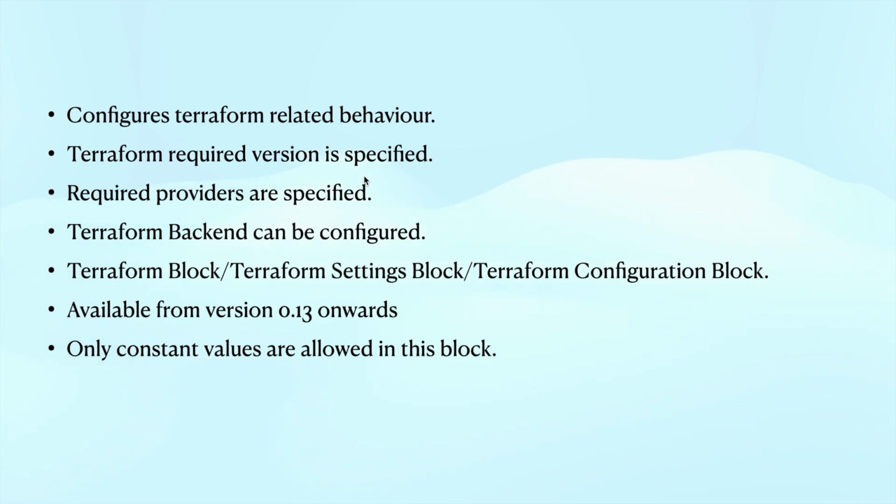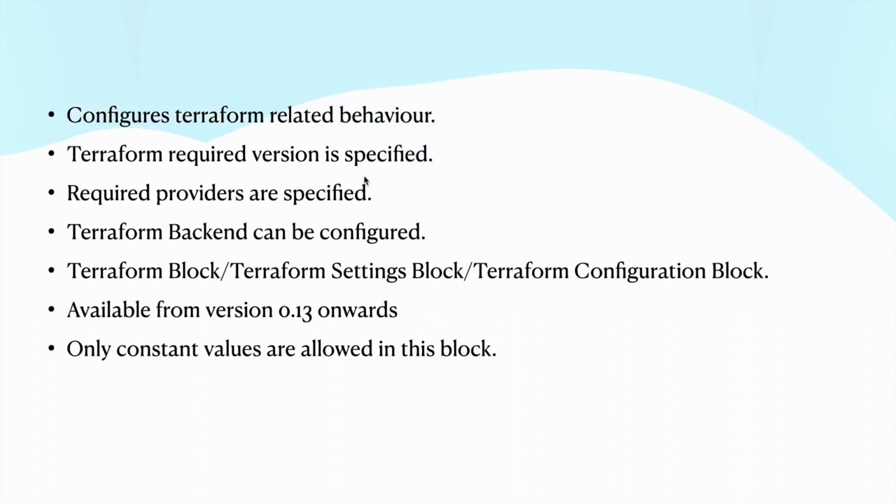And the versions of these providers are maintained by themselves and are not in sync with the Terraform version, which means if the Terraform version is on X, it is not mandatory that the provider version will also be X. It could be anything. So here in the required providers, we can specify the version of the provider that we want to be used.